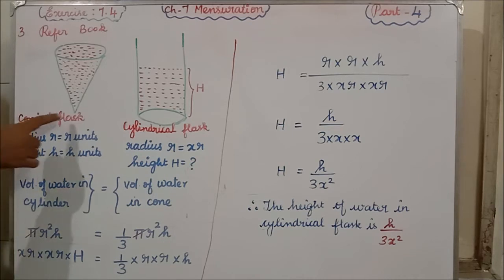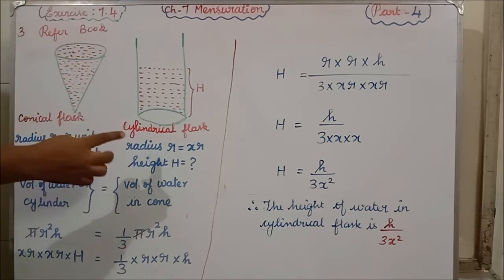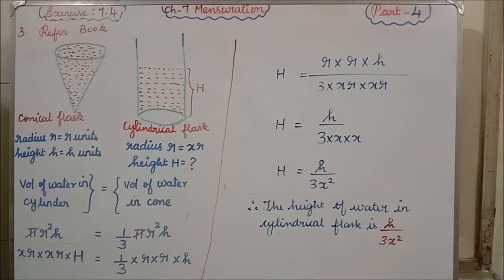See students, conical flask. In the question they have given radius r units. Height h they have given as h units. Okay, they have not given any values like 4, 12. They are saying r units and h units. When you come to the cylindrical flask, they have given the radius as xr units. They have not given the height.